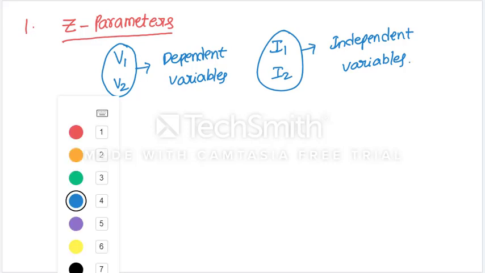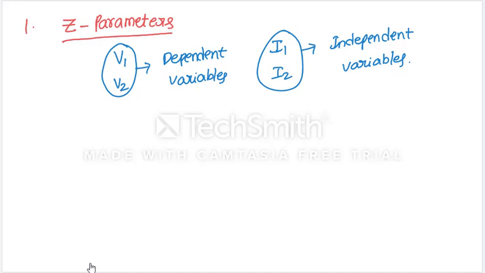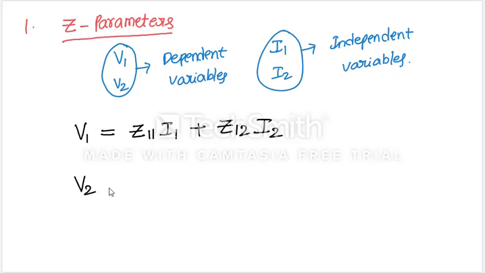So then we'll write these jet parameter equations. Those are v1, which is equal to z11 i1 plus z12 i2. v2 is equal to z21 i1 plus z22 i2.